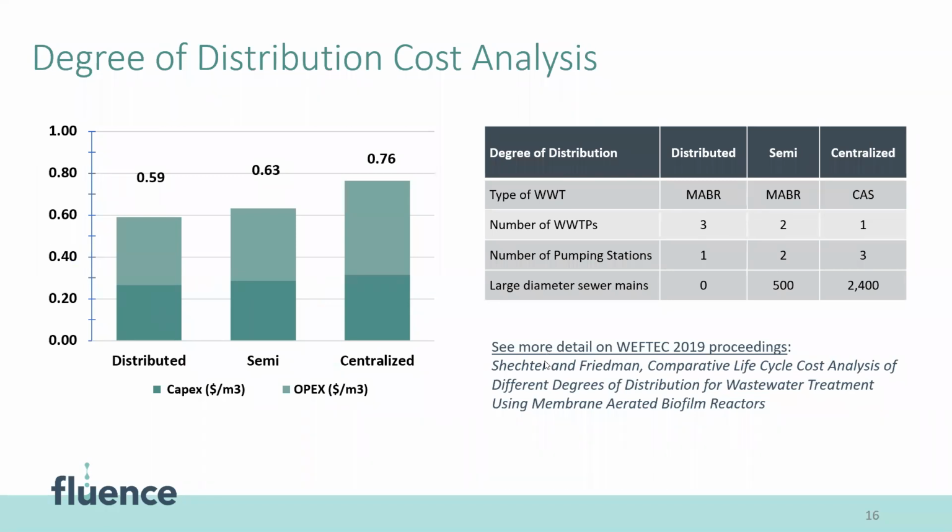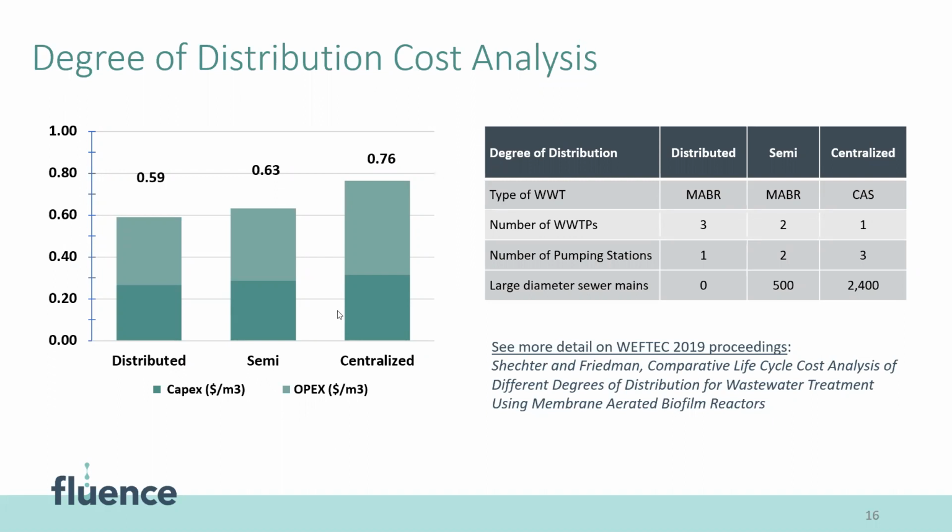Work based on this example was presented and published as part of the proceedings in WestTech 2019, and is available for download under the site shown on the bottom right. The table and charts are taken from there.